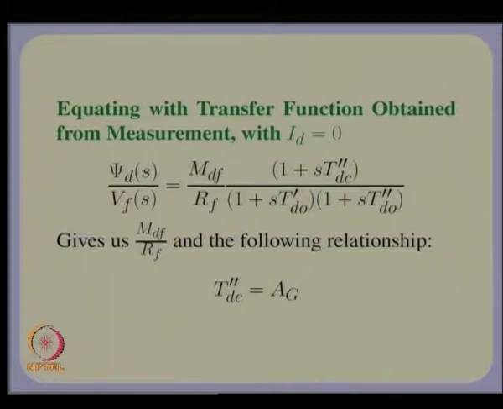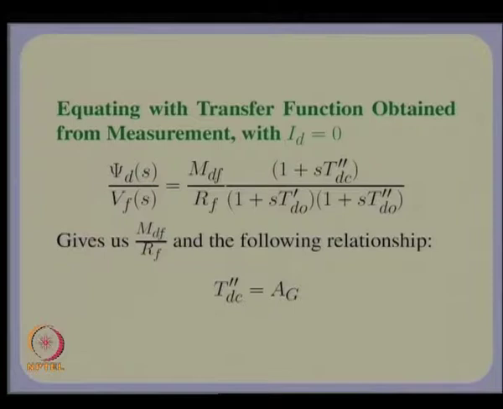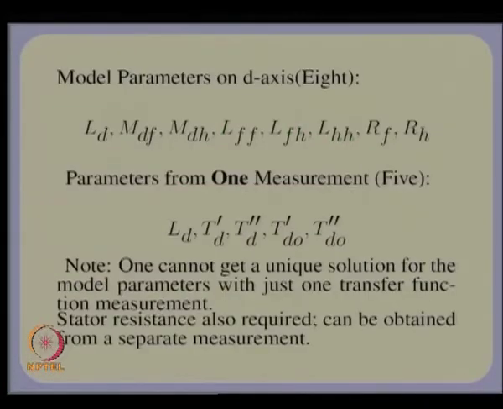Of course, it presumes that you know Td0' and Td0'' from the previous measurement. Also, Td0' and Td0'' can be obtained from this measurement itself by curve fitting the frequency response. So, this is what we can get if we carry out 2 measurements, but unfortunately, in most of the synchronous machine literature, they give us the parameters obtained from one measurement.